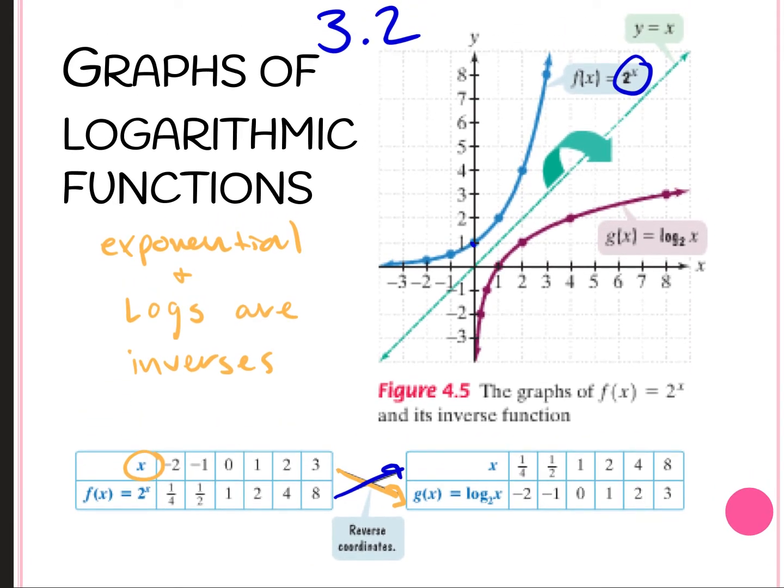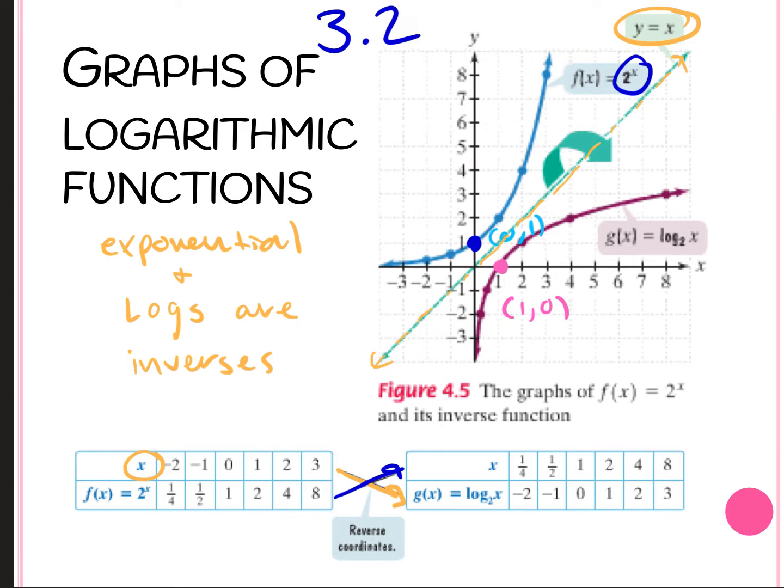So if I had this point, which was 0, 1, I have the same point on my other graph, but instead it's the inverse of it, so it'd be 1, 0. So they are symmetrical about y is equal to x. So they're symmetrical on this diagonal line. They will always be symmetrical on that line.